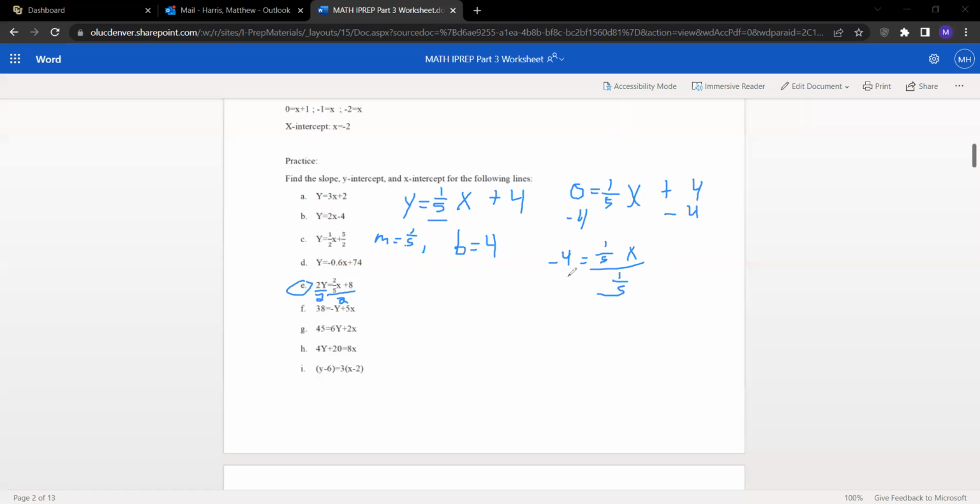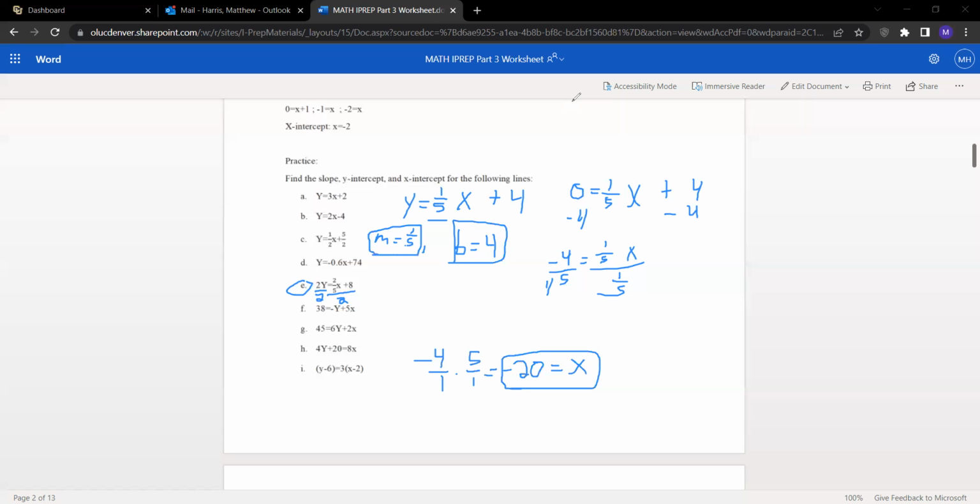Divide by 1/5 on both sides. So -4 divided by 1/5 is equal to -20, equals x. So the x-intercept is going to be -20. Our y-intercept is 4. And our slope is 1/5.